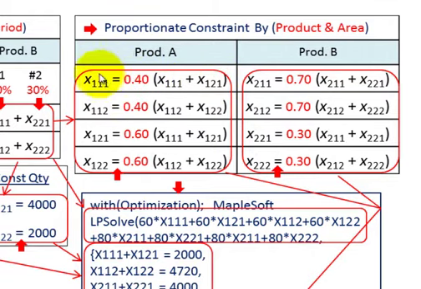But what I'm doing is, in a linear program, you have to set up in some standard form, however you do it. So I set it up at 0. So I'm just moving the X11 over to this side and subtracting it from the equation on this side times 40%, and then sitting at 0. That's all I'm doing here. But I would have done that for each one of our proportionate constraints.